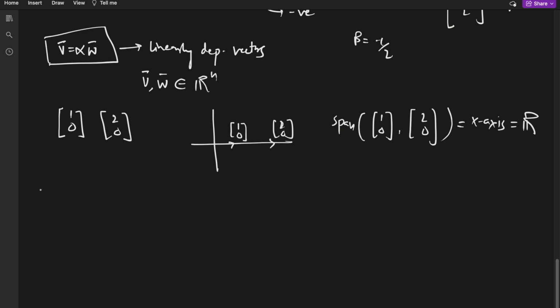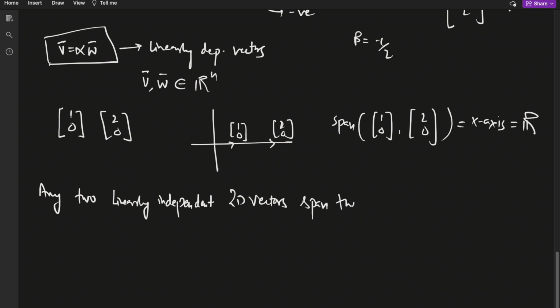So here we get that any two linearly independent 2D vectors span the entire R2.